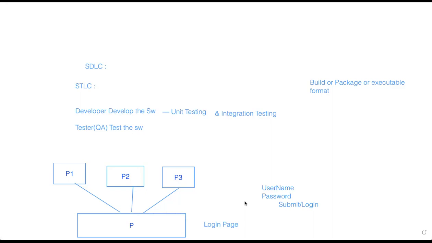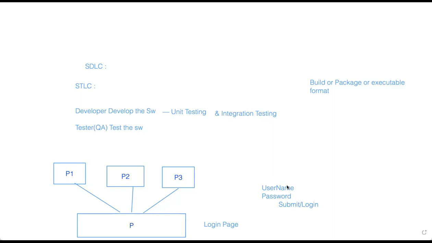Developers know how to test this because they know the internal logic of the program and can test in their environment. But as testers, we cannot test on their systems, and we cannot take that program onto our systems either. So they will give some executable format.